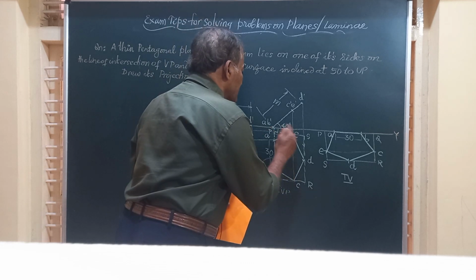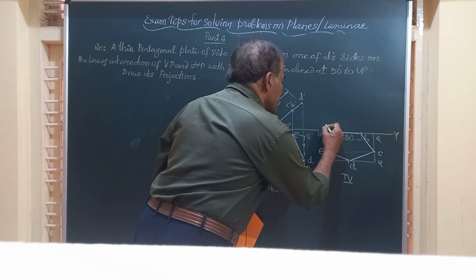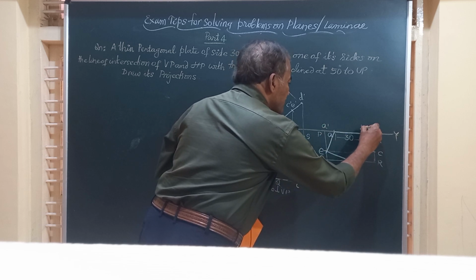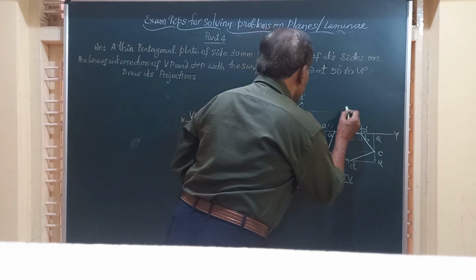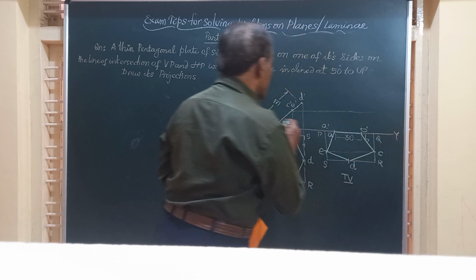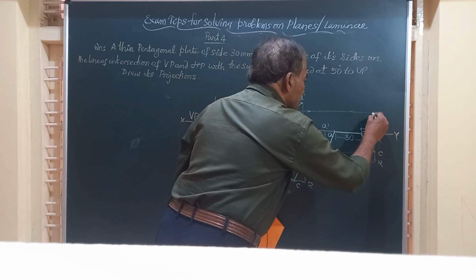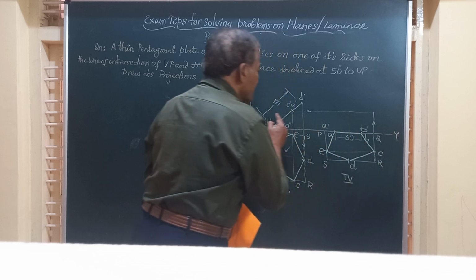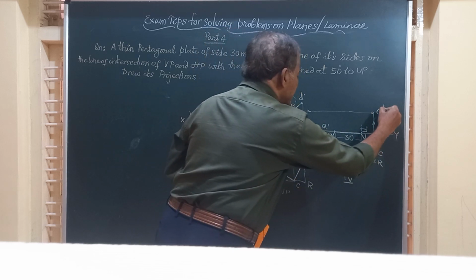Friends, A dash and B dash here. So A, you will get A dash here, and friends, B dash, you will get B dash here. And then friends, C and E lie on this. So friends, I draw a horizontal line through this C and E, C dash and E dash. Project lines from here, vertical from this C, horizontal from C dash, meet at this point. I call this point as C dash.